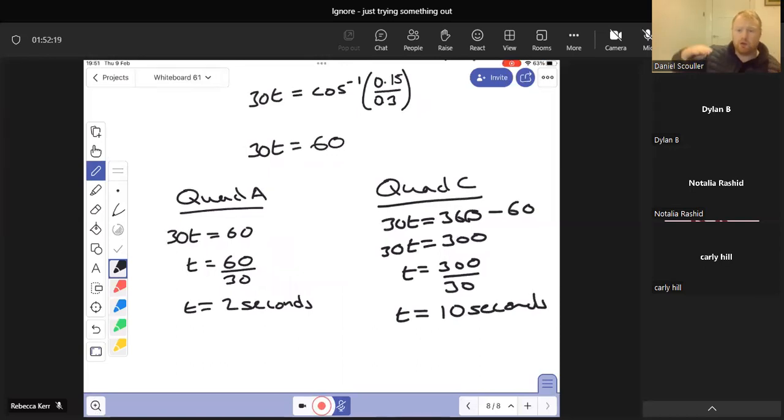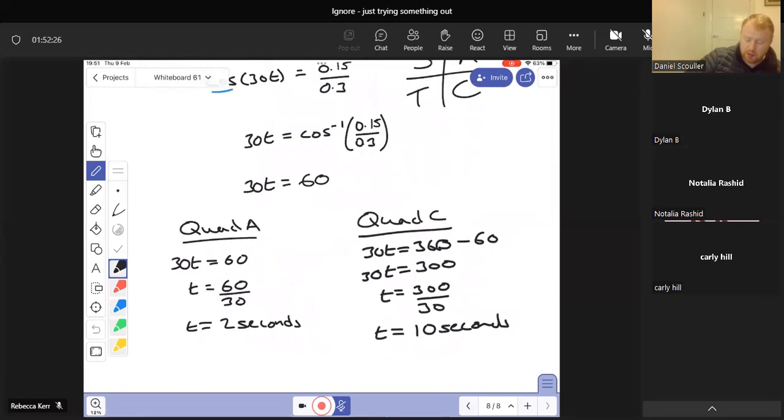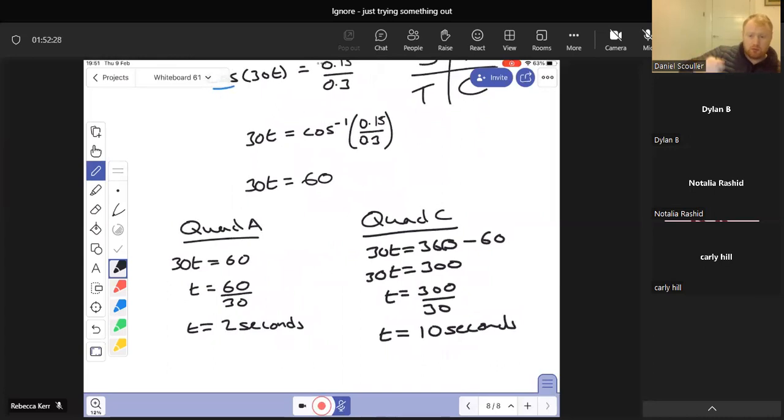Because that's on a spring, that makes sense. It's going to go from the bottom, reach 2.05 meters at 2 seconds, go up to the maximum and then come back down. After 10 seconds, it's going to hit 2.05 again. That sounds about right.